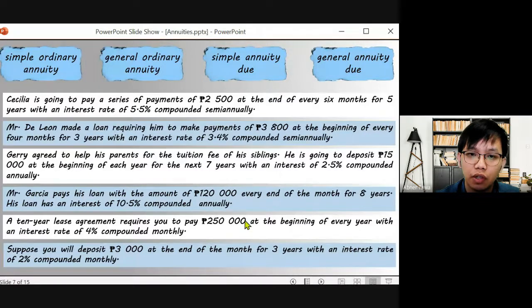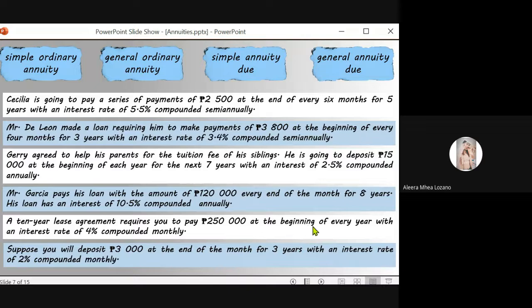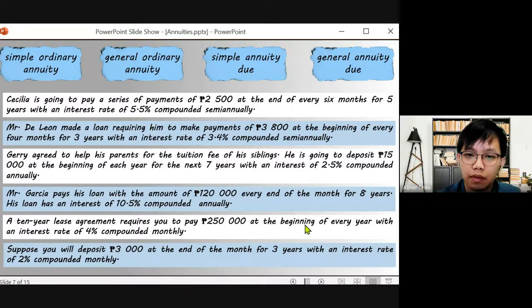Now, is it ordinary or annuity due? Annuity due pala, sir. Yes, tama. It is annuity due because yung date of payment is made at the beginning. Always remember that pag annuity due, the date of payment is made at the beginning. So number 5 is general annuity due. Okay, very good.